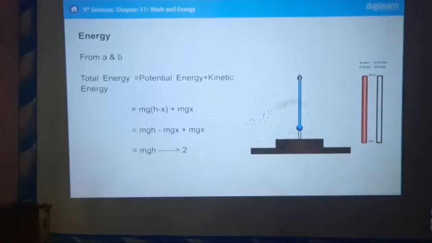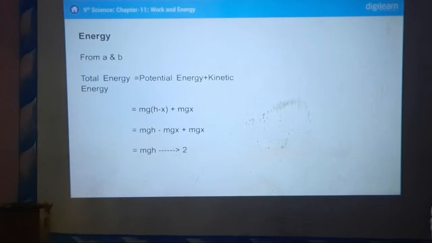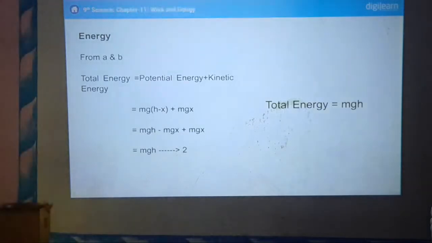From A and B, total energy equals potential energy plus kinetic energy. That equals mg into (h minus x) plus mgx equals mgh minus mgx plus mgx equals mgh (2).